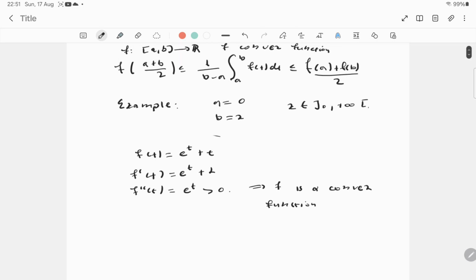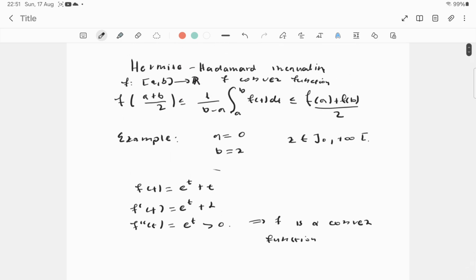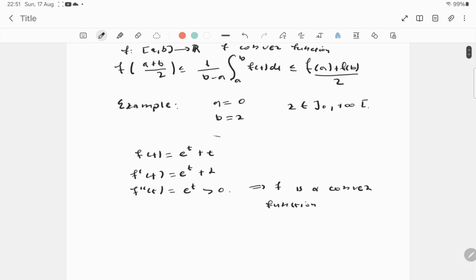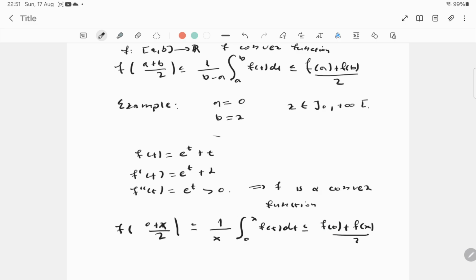Now let's take these assumptions for a and b. So we will have f of (0 plus x) over 2 less than or equal to 1 over x times the integral from 0 to x of f(t) dt, less than the average of the two values, f of 0 plus f of x, divided by 2.